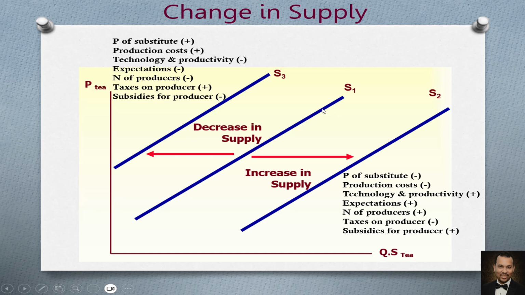On the other hand, when the supply curve shifts from S1 to S3: the price of substitute increased, production costs increased, technology and productivity decreased, bad expectations, number of producers decreased, taxes on producers increased, subsidies for producers decreased, all the other factors constant.